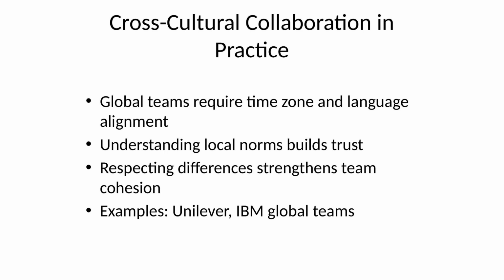Understanding local norms, such as holiday observances, hierarchical structures, or meeting etiquette, can prevent misunderstandings and build trust. For instance, in some cultures, direct feedback may be seen as disrespectful, whereas others value blunt honesty. Respecting these differences helps build cohesive teams that function effectively despite geographic dispersion.